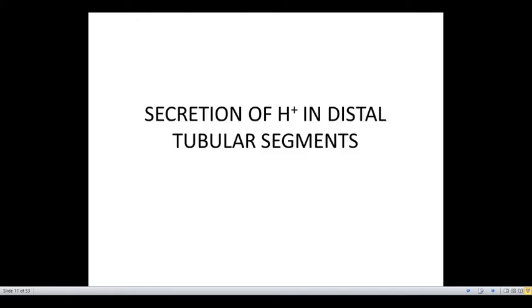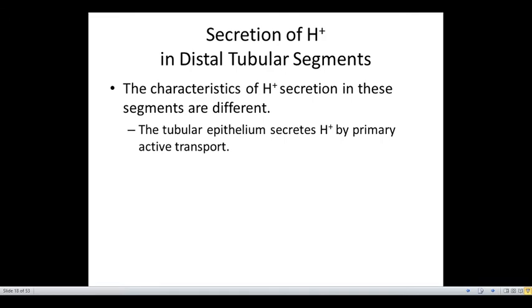Coming to the secretion of hydrogen ions in distal tubular segments, the characteristics of hydrogen ion secretion in these segments are different. The tubular epithelium secretes hydrogen ions by primary active transport.